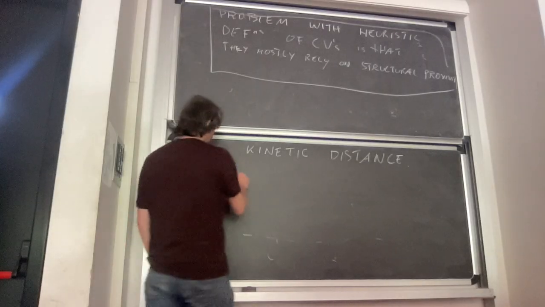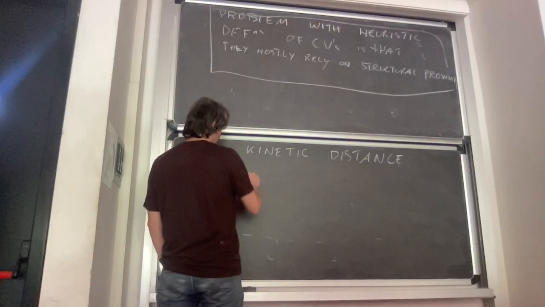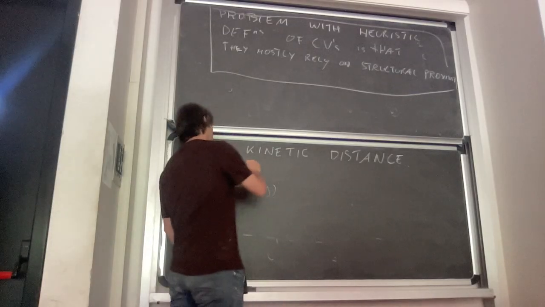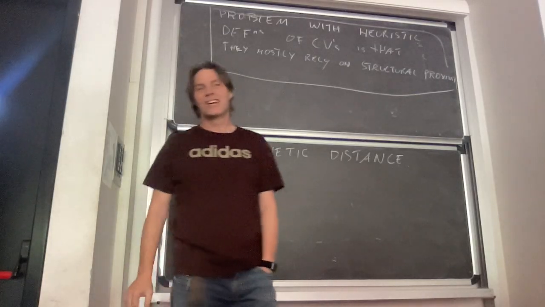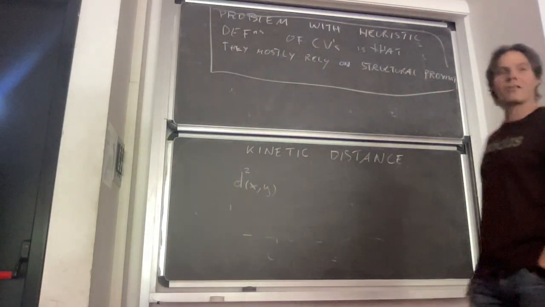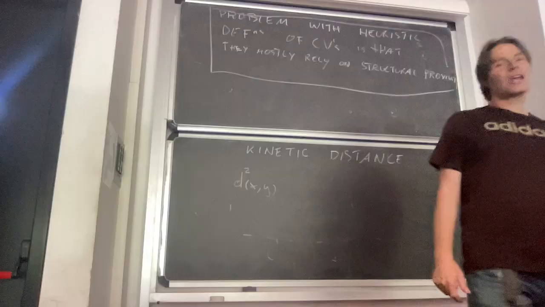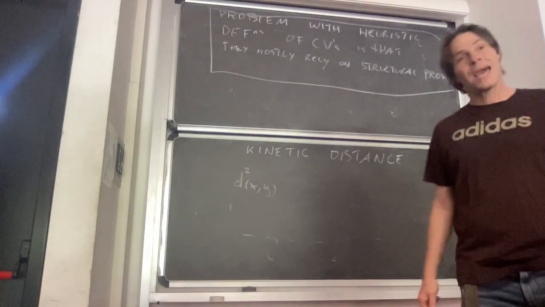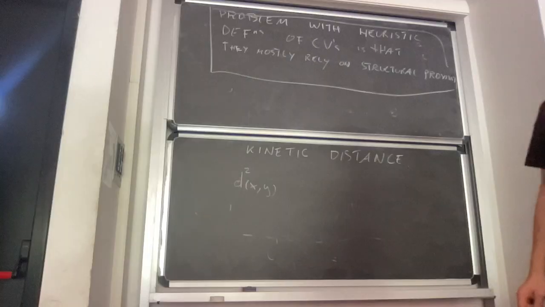Well, the kinetic distance between two configurations, x and y, is a distance, which means that, first of all, d of x, x must be 0, it must be positive definite, d(x,y) must be equal to d(y,x), and it must obey the triangular inequality.